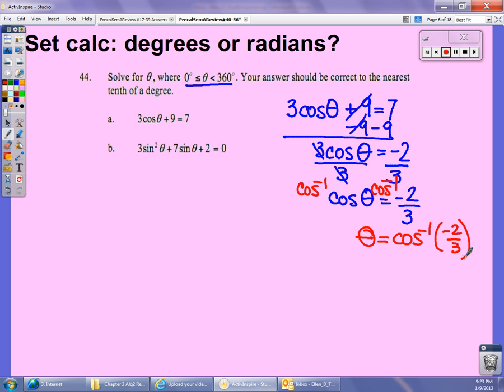Remember, this is something you do in your calculator, and according to the directions, your calculator should be set to degrees. Theta is to be correct to the nearest tenth of a degree. Theta equals 131.8 degrees, or 228.2 degrees.